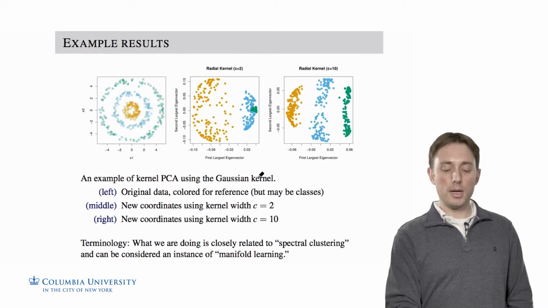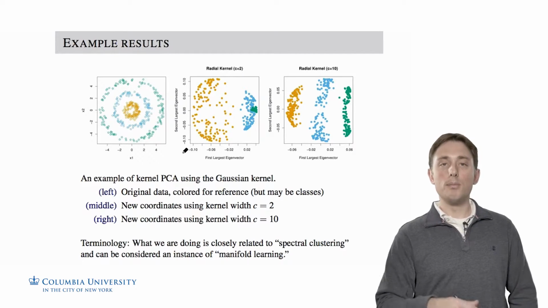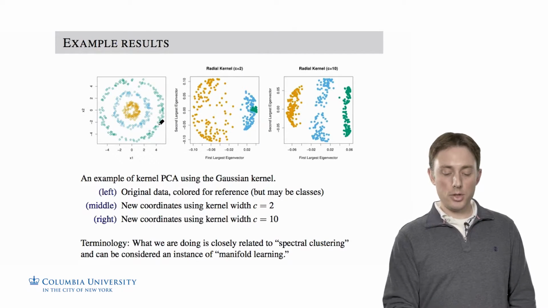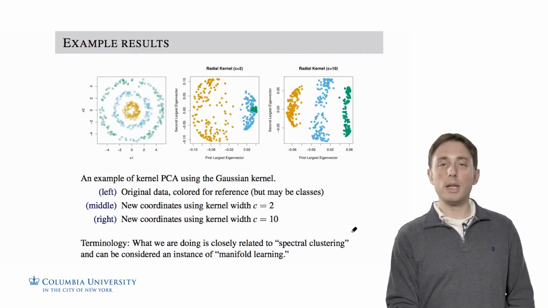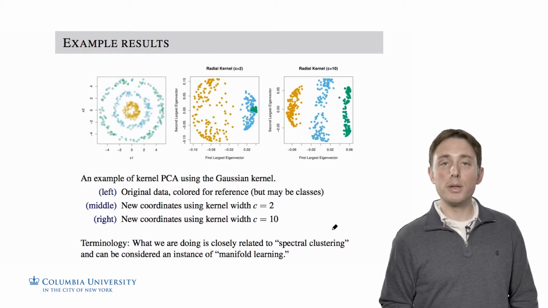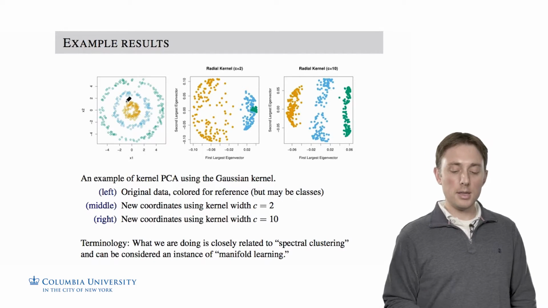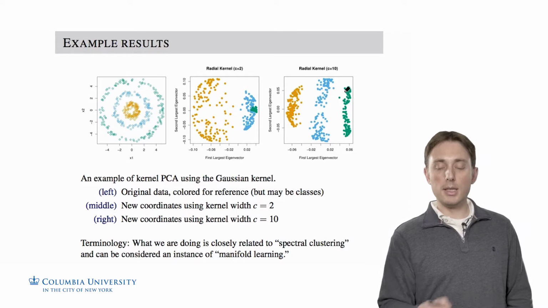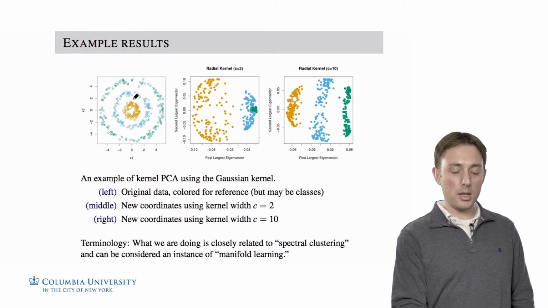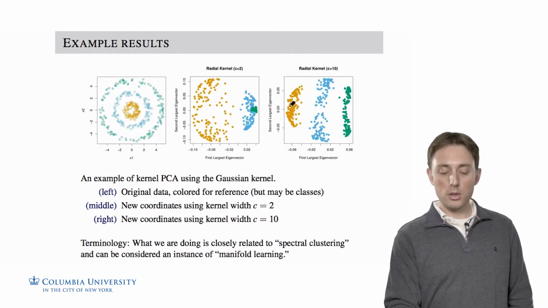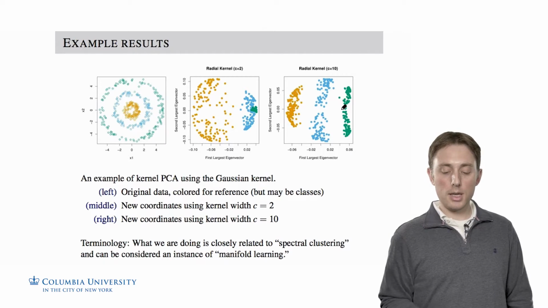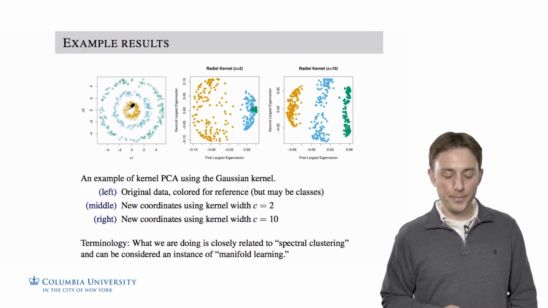Before I end this lecture, I want to quickly discuss some areas of research that use this. What we've done is closely related to something called spectral clustering. That's where clustering in this space isn't as good as clustering in this space, because we want to perhaps cluster the rings together. In this way, we can cluster these 3 rings together more easily than we could here.